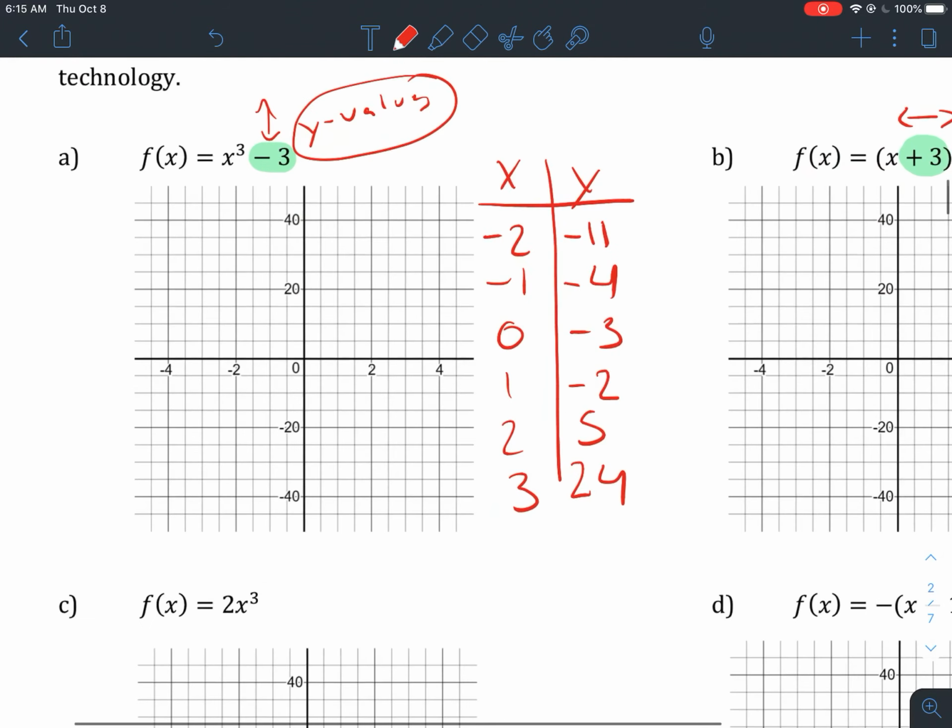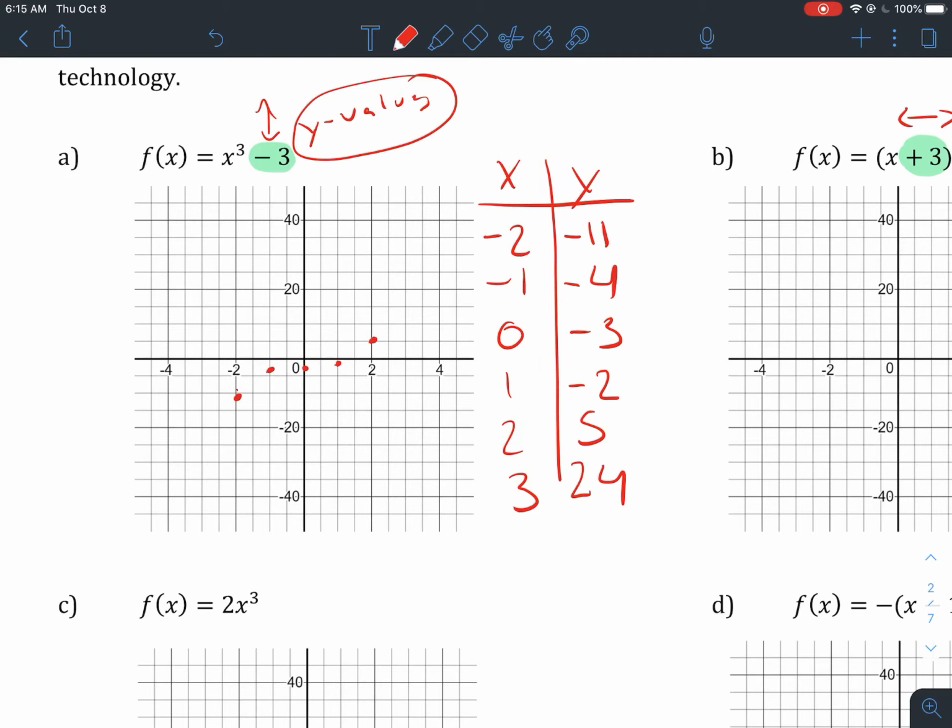All right. So we're going to go ahead and plot them. So we get 0, -3. 1, -2, and then we've got -1, -4, so we'd be about here, -2, -11, and 2, 5.